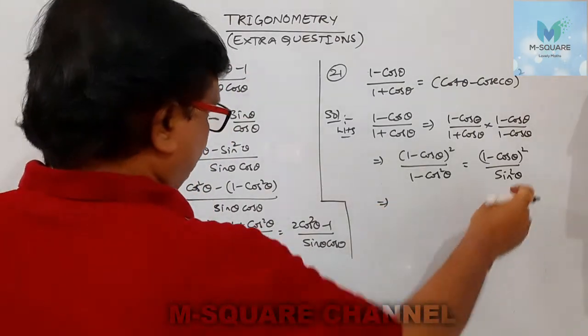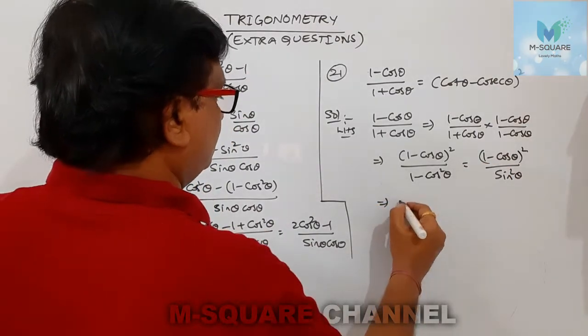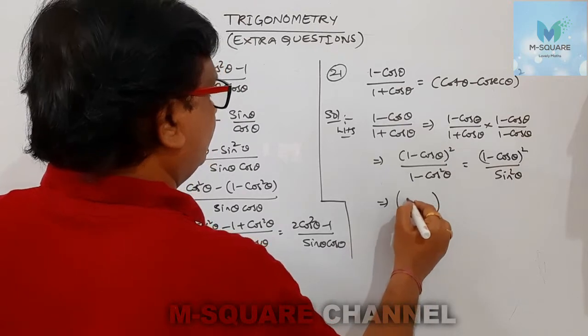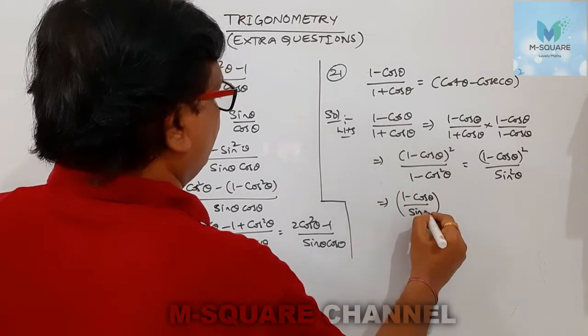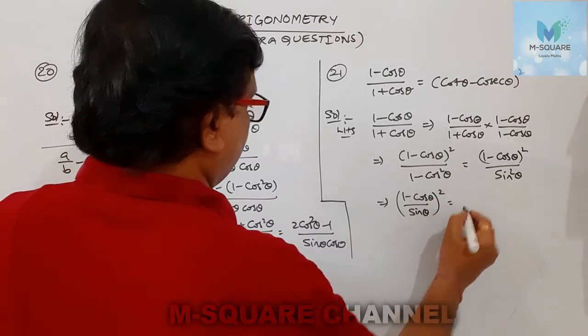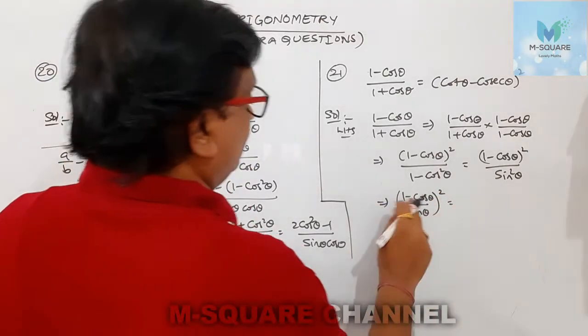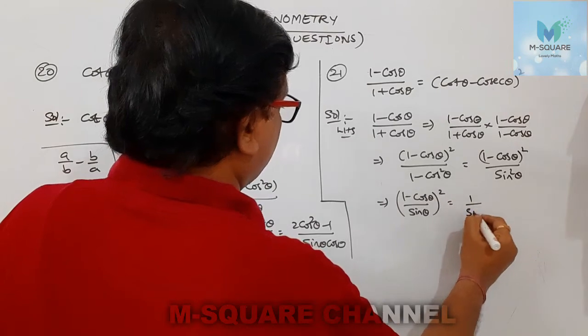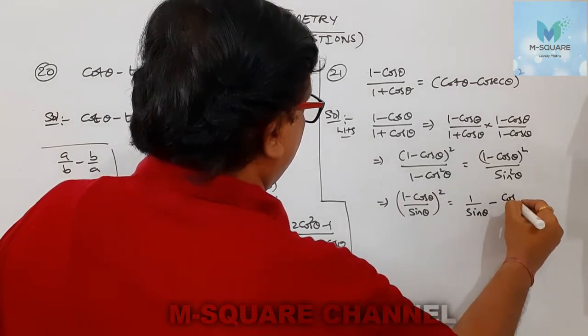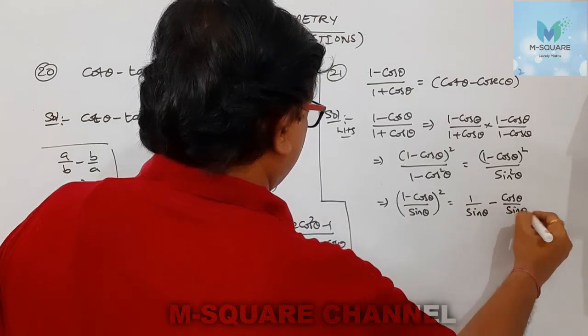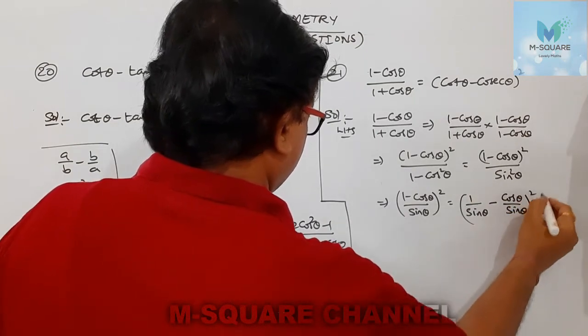So denominator and numerator having whole square, that is (1 minus cos theta by sin theta) whole square. So you are going to split the fraction: 1 by sin theta minus cos theta by sin theta, whole square.